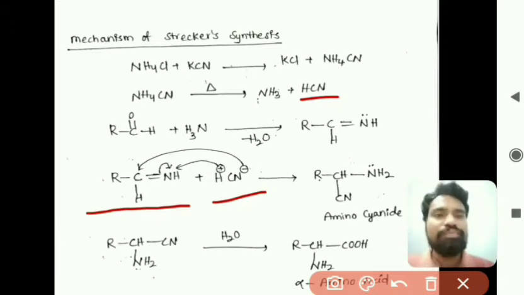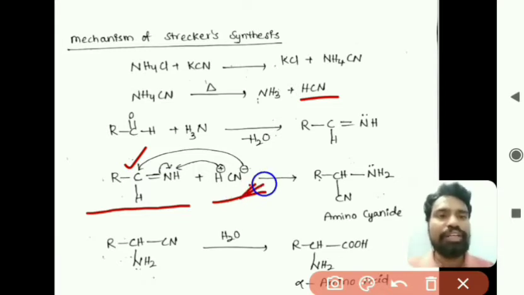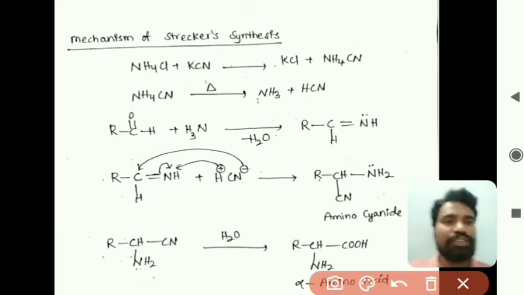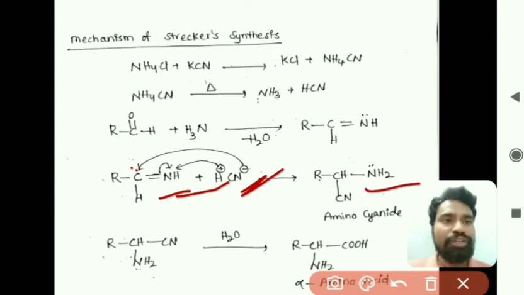As we know, the imine carbon here is electropositive because of the high electronegativity of nitrogen. So automatically the negative part of the reagent, cyanide CN minus, will attack the imine carbon, and as the cyanide negative ion approaches the carbon, the two electrons move to the nitrogen atom. Then we get N minus, which takes the H+ ion and converts it into NH2.